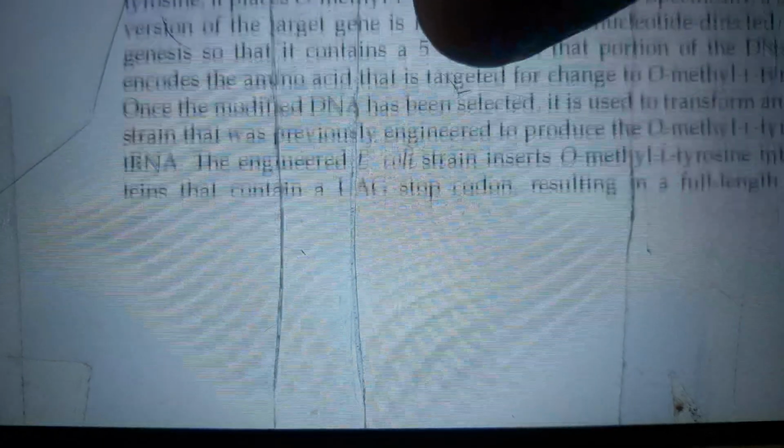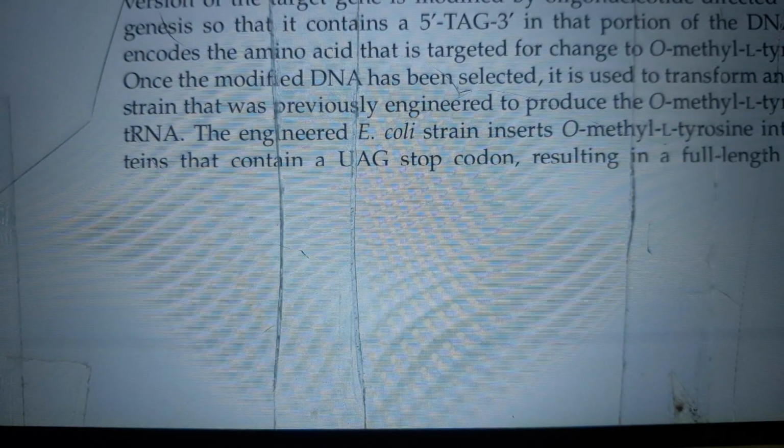A cloned version of the target gene is modified by oligonucleotide-directed mutagenesis so that it contains a TAG in the position in that portion of the DNA that encodes the amino acid that is targeted to change to O-methyl L-tyrosine.